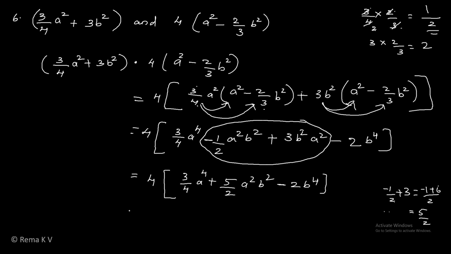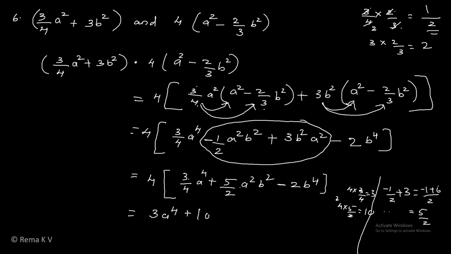Now we can multiply this 4 inside. 4 into 3 by 4. This 4 and 4 get cancelled and answer is 3a raised to 4. When you multiply 4 with this term, see in the first one, we are multiplying 4 into 3 by 4, which gives 3. In the second term, 4 into 5 by 2. 2 and 4 get cancelled and it is equal to 2 here. 2 into 5, 10.